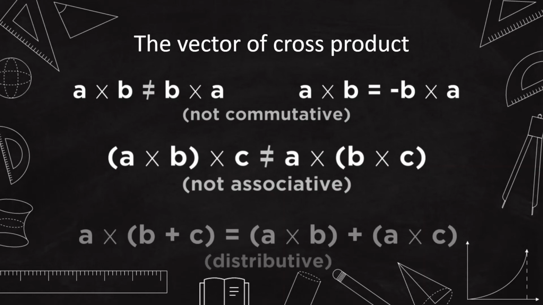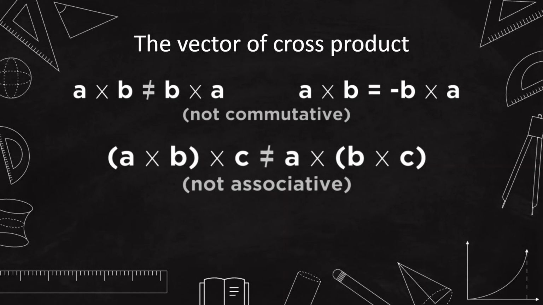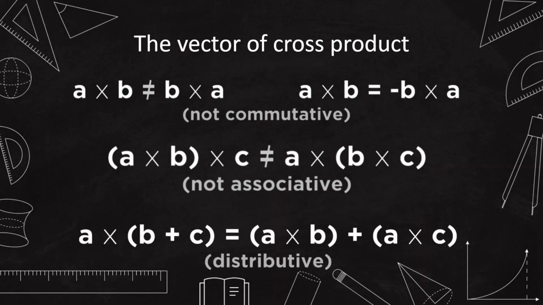The quantity A cross B, cross C, is not equal to A cross the quantity B cross C. However, the cross product does distribute: A cross the quantity B plus C is equal to A cross B plus A cross C.